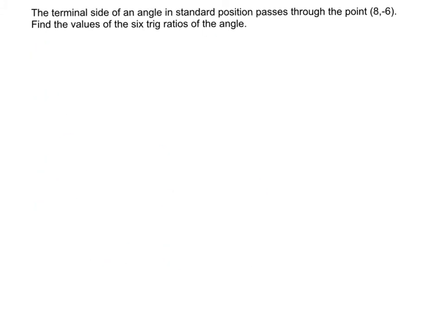Let's try another one. We have an angle in standard position, and it's passing through the point 8, negative 6. So once again, we always start by finding r first.